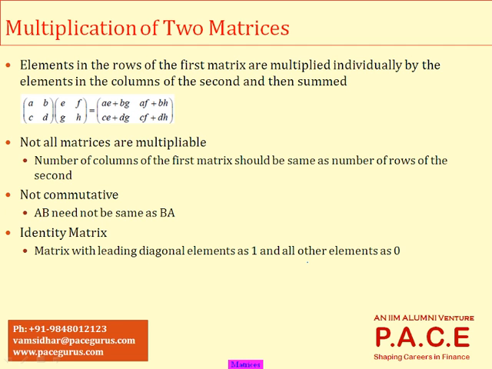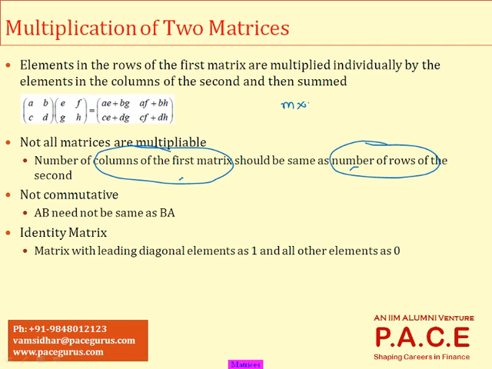But that is not the case with multiplication of two matrices. Multiplication of two matrices is possible only when the number of columns of the first matrix is the same as the number of rows of the second matrix. So both matrices need not be of the same size.